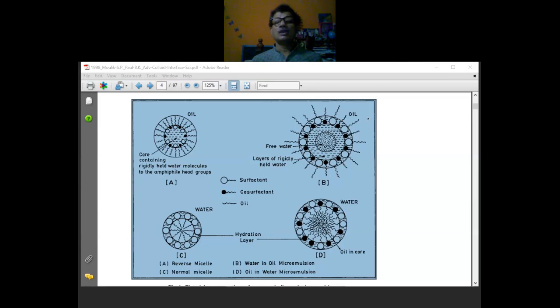So you need to know that sometimes some short chain alkanols or short chain alkyl amines are required. These are known as co-surfactants. Okay. So surfactant, it acts as a support to the co-surfactants.